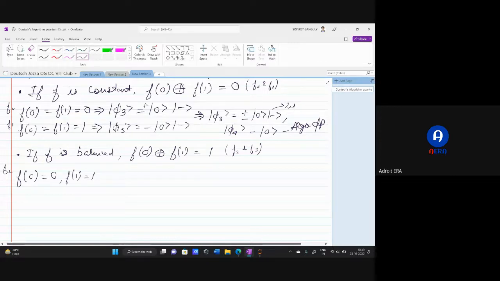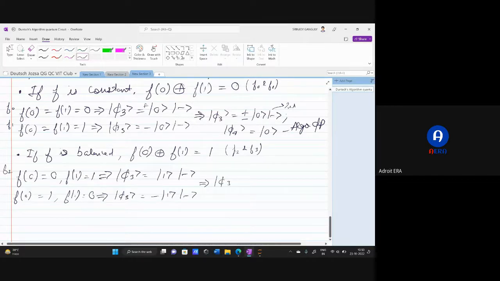And then again calculate ket phi 3, again put that into the above expression, the ket phi 3 expression. You are always going to get this state. And similarly for f of 0 equal to 1 and f of 1 equal to 0, you are going to get ket phi 3 equal to minus 1, and here the result of the second qubit is also there.